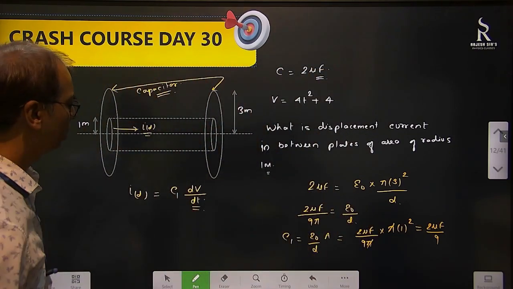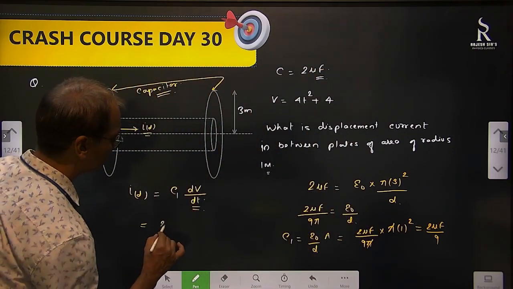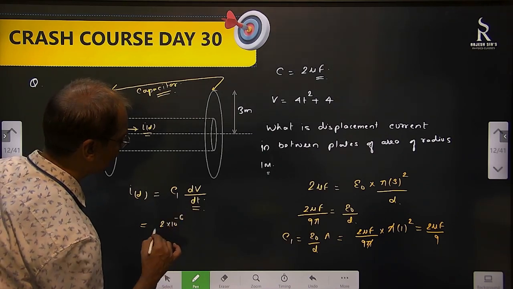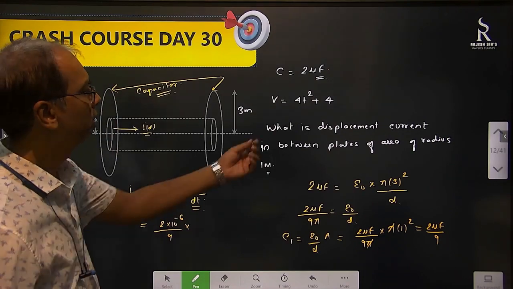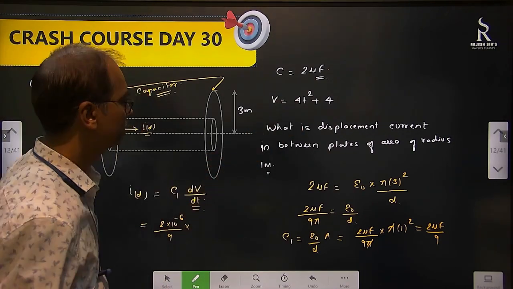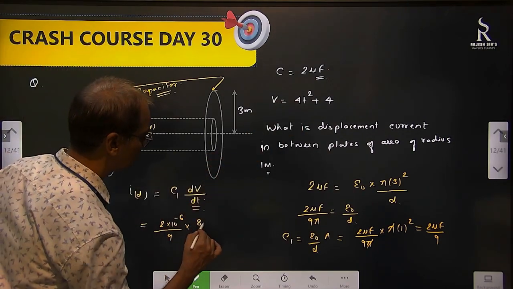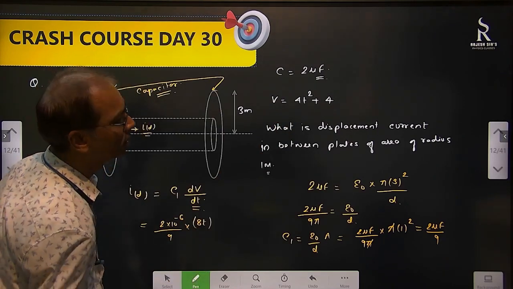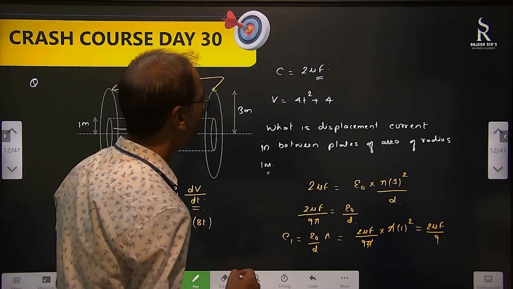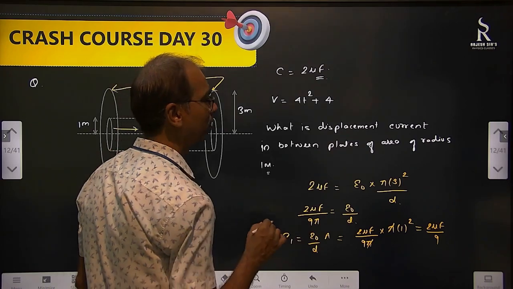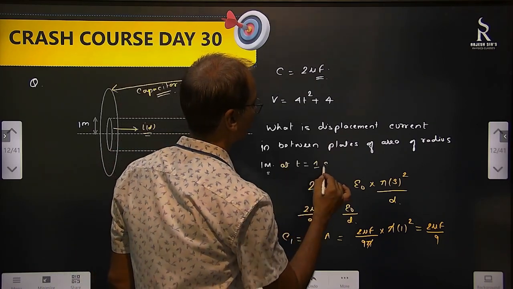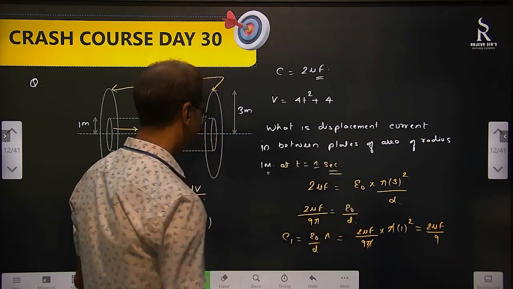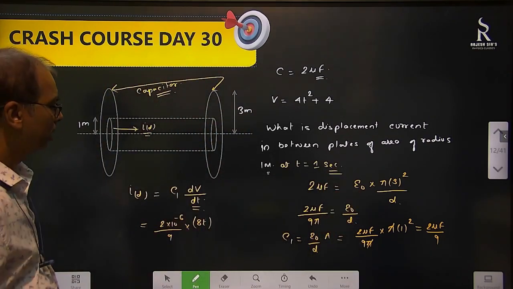We'll keep it here. So 2 into 10 to the power minus 6 by 9 into dV by dt. Now differentiation of this, what is that? 8. Again time is not given, so the question is the displacement current between plates of area of radius 1 meter at t equal to 1 second. We'll keep it here as 8.